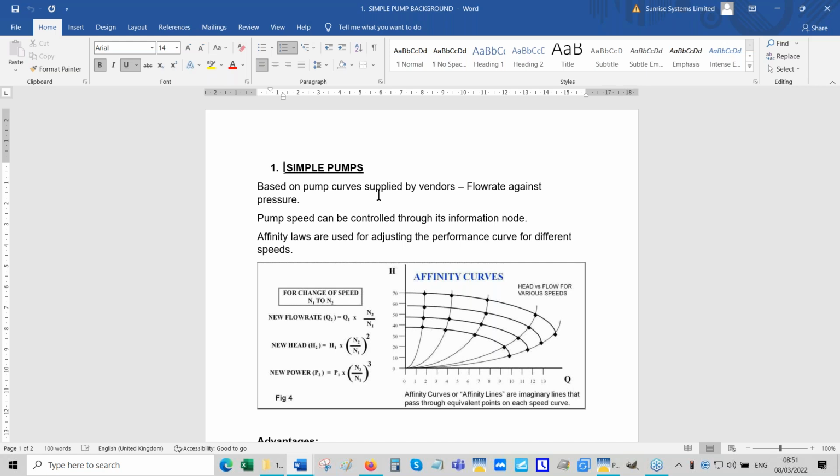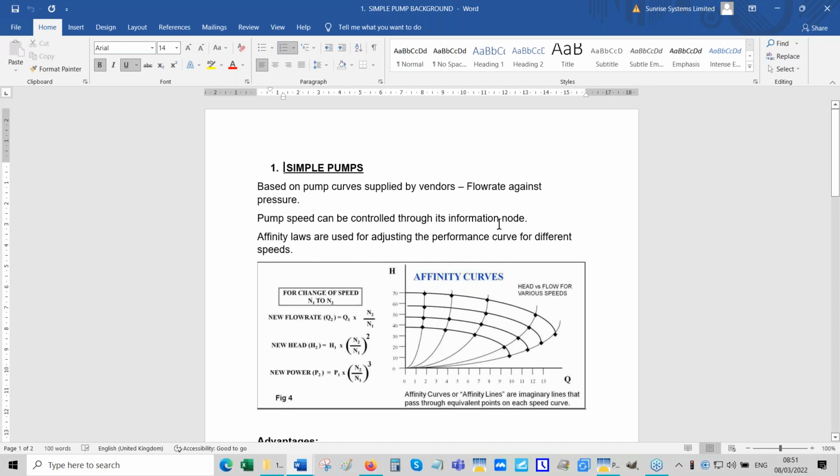If you plot the efficiency against the flow rate, it'll have a peak, and that's called the best efficiency point. And usually, the pump curve is supplied at that point, but it could be supplied at any point. It doesn't matter. And PIPENET uses what are called the affinity laws to calculate the performance curve at other speeds, other RPMs. And the relationships are shown here.